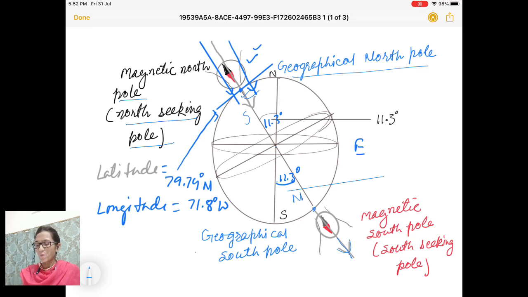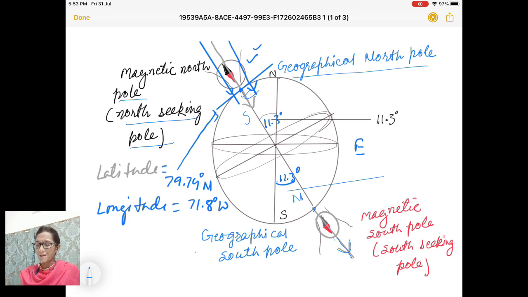Similarly, the south-seeking pole or south magnetic pole is a point on the surface of Earth where if you place a magnetic compass needle horizontally, parallel to the surface of Earth, the needle may settle in any direction. It suggests that no force is acting along the horizontal direction. But if you keep the compass needle in a vertical plane, the needle arranges itself exactly perpendicular to the surface of Earth.